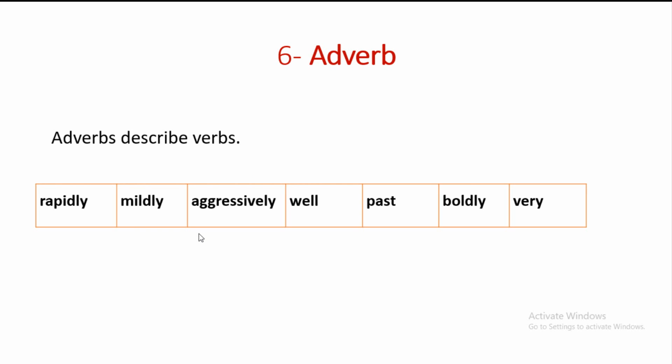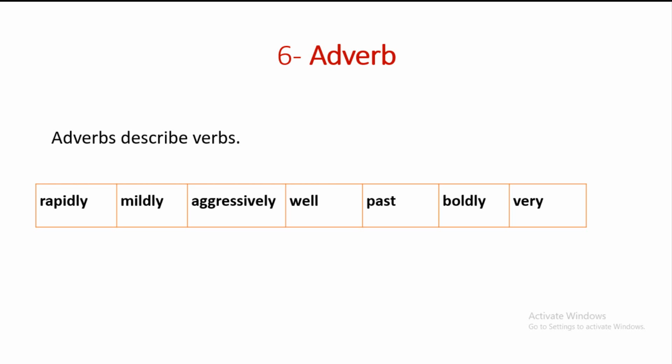Rapidly, mildly, aggressively, well, past, boldly, very. All of these are adverbs. Very is an adverb here because it describes the verb. He moved very quickly. Okay, so very here is an adverb.